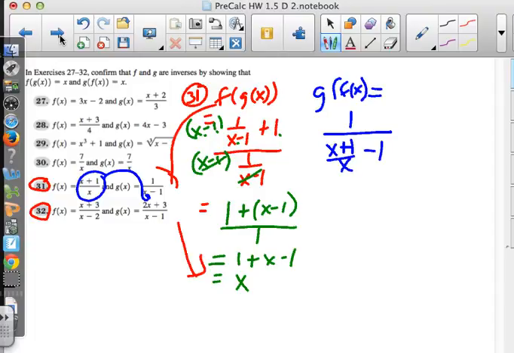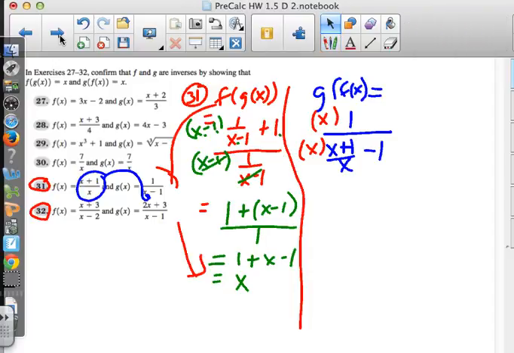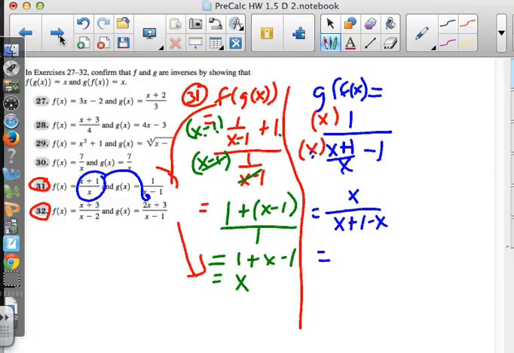All right, so again, we could get rid of this very quickly by just multiplying everything in the numerator and everything in the denominator by the LCD, which in this case is going to be an x. So when we do that, on the top, numerator will have an x. X's will cancel out here, and we'll get x plus 1. And then x times negative 1 will be minus x. And that will give us x over, well, x minus x, that's gone, which is x over 1, which is just x, which is exactly what we wanted to happen.